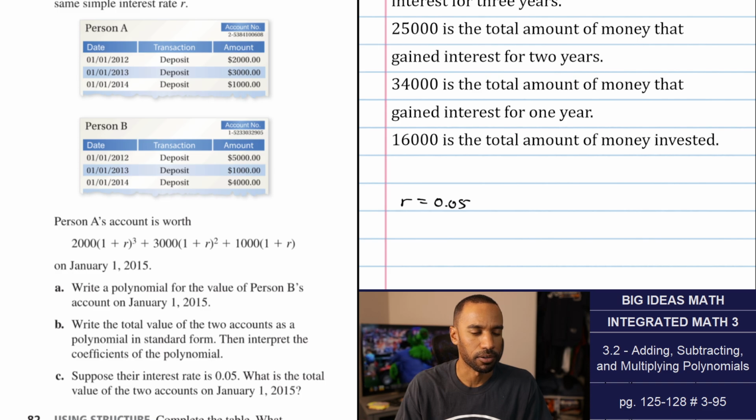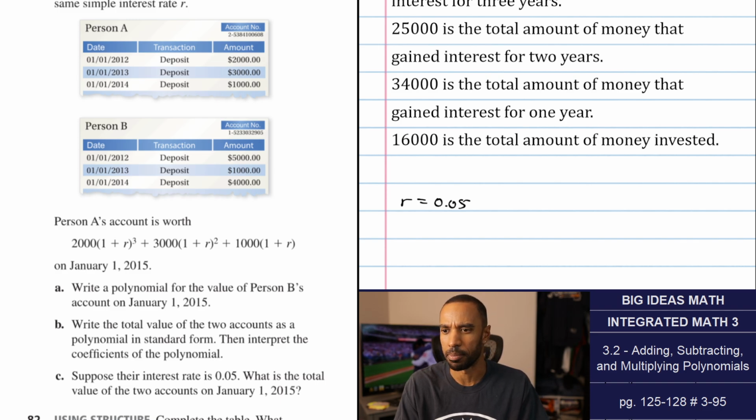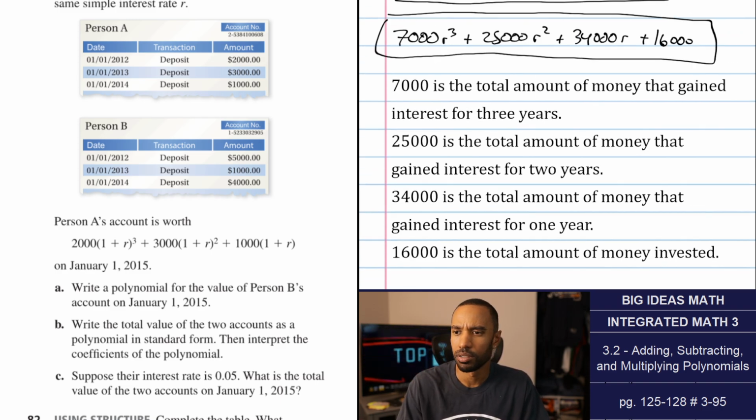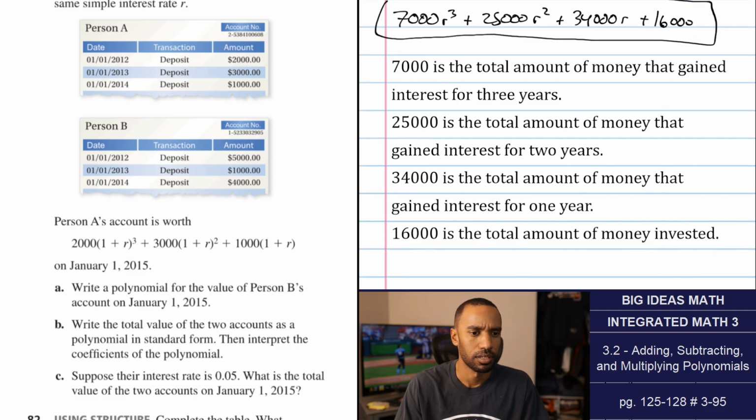I'm typing this in the calculator. 7,000, I'm going to put x cubed. Sorry that you can't see this, I'm just typing. Plus 25,000 x squared, plus 34,000 x, plus 16,000.